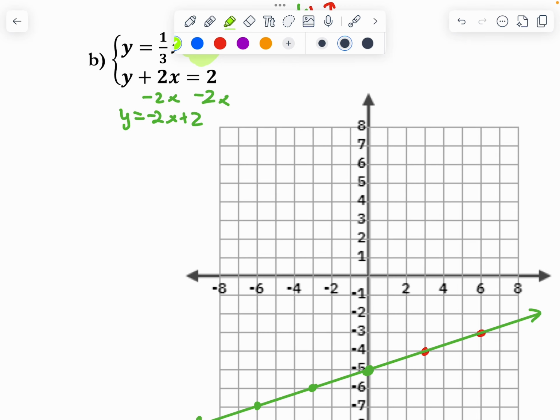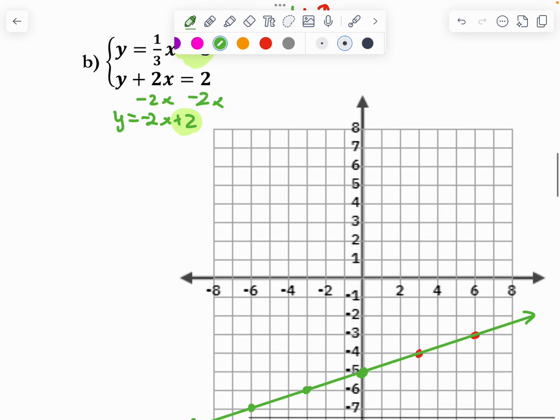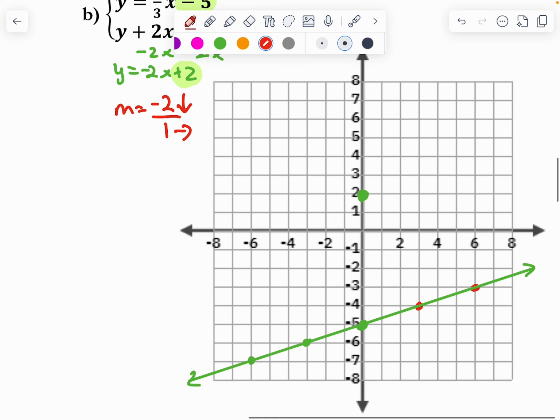Now I know that my y-intercept is +2, so that's where my first point goes. My slope is -2, but not just -2, -2/1. That tells us we're going to go down 2, right 1. I'm going to keep going until I hit a point, and it looks like I already hit a point perfectly.